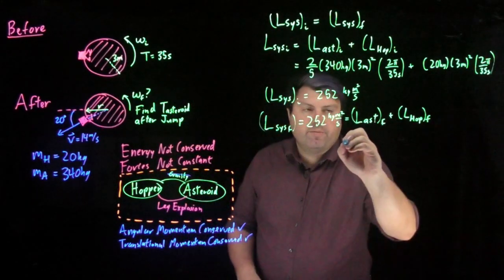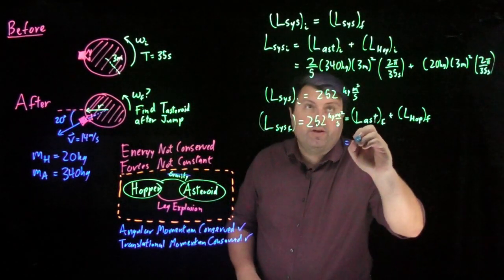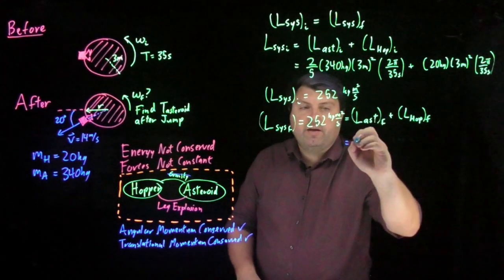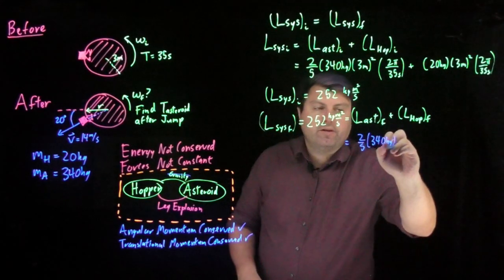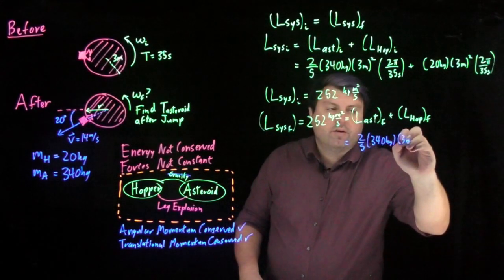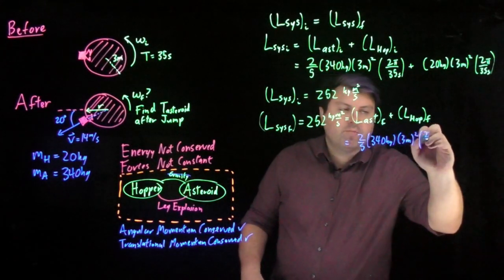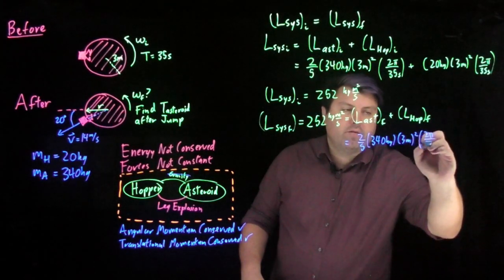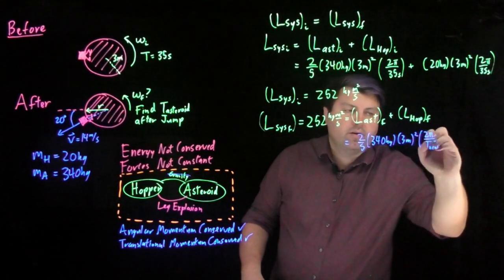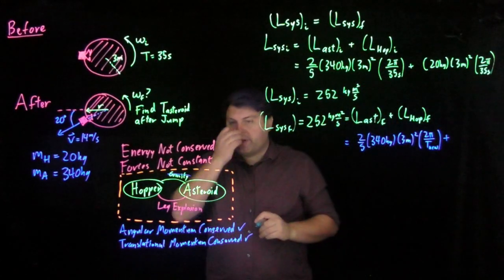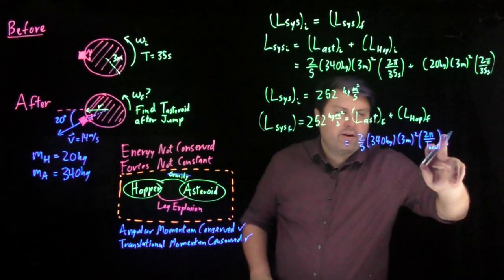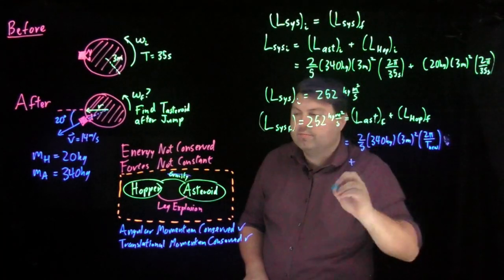The angular momentum of our asteroid final is going to be the same I, 2/5, 340 kilograms, 3 meters squared, times 2 pi over our new period, plus the angular momentum of our hopper, which we'll do on a new line.